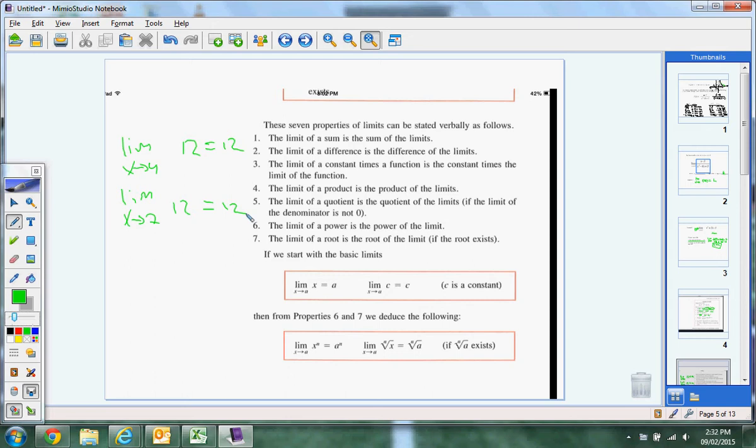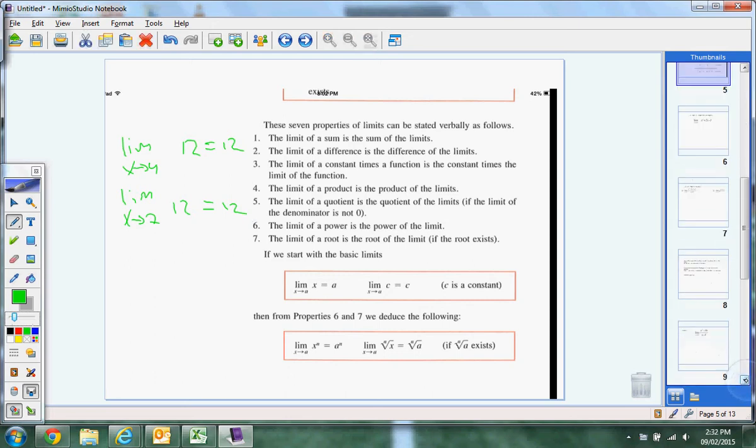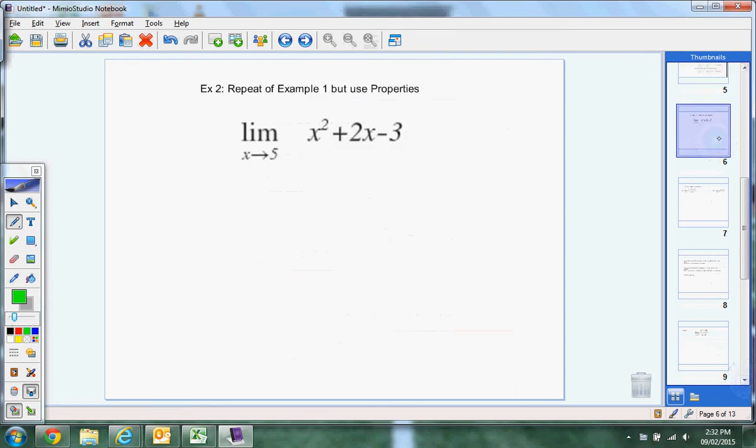Okay, so let's get to some examples here. Which one are we on? Oh, yeah, we're on this one, yes. Okay, so example 2. It's a repeat of example 1, but we're going to use the properties now.